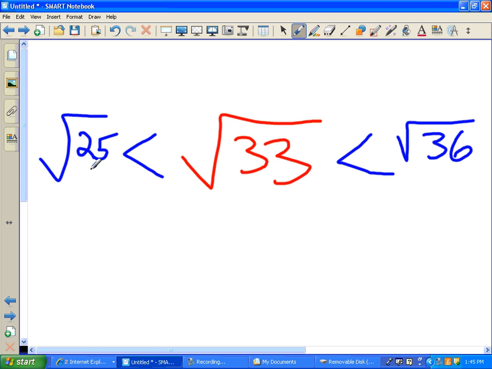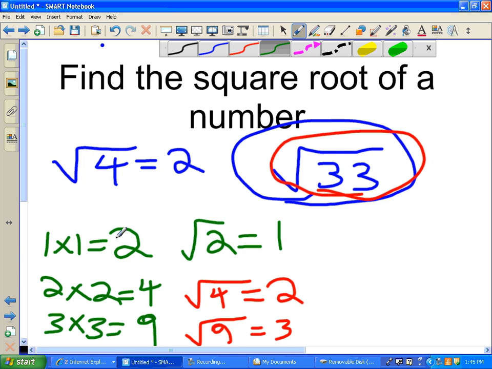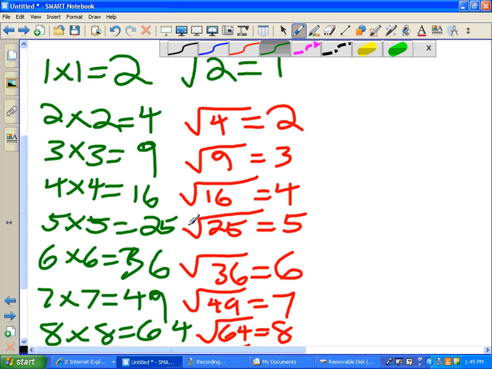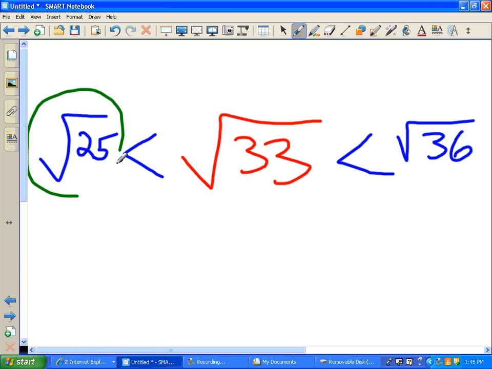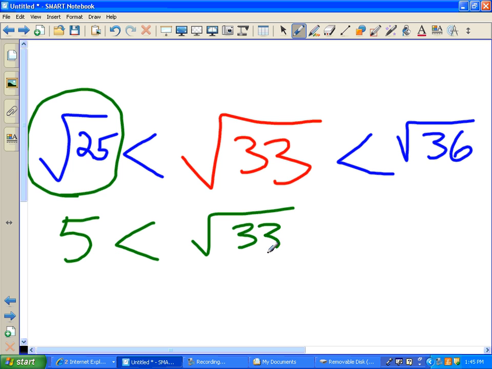Now, remember, we know what root 25 is. If we work it out, what times what will give you 25? Well, the root of 25 is 5. So 5 is less than root 33, which is less than, well, what's root 36 when we work it out?